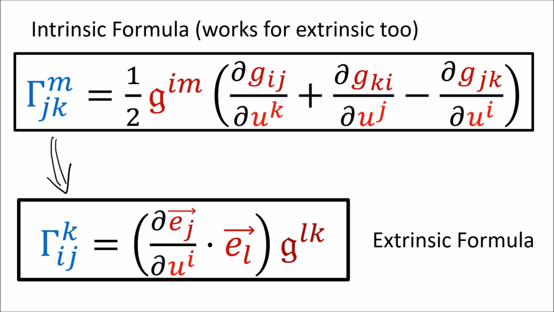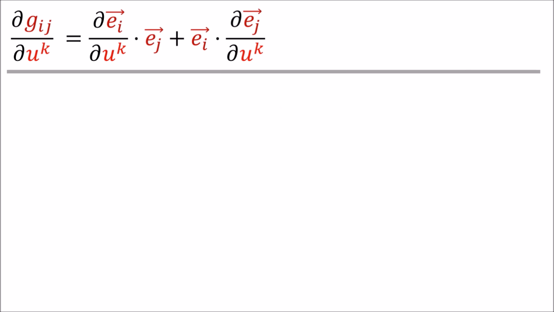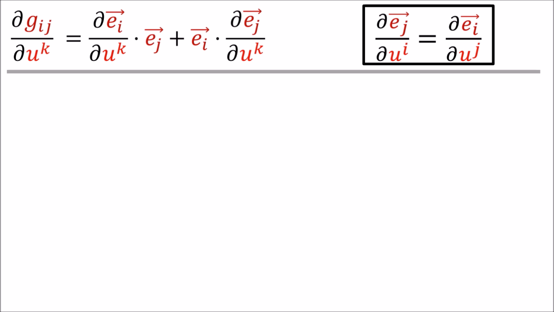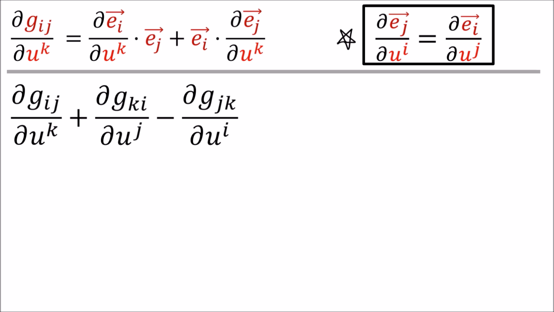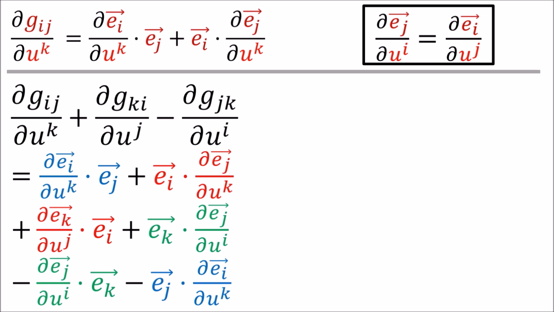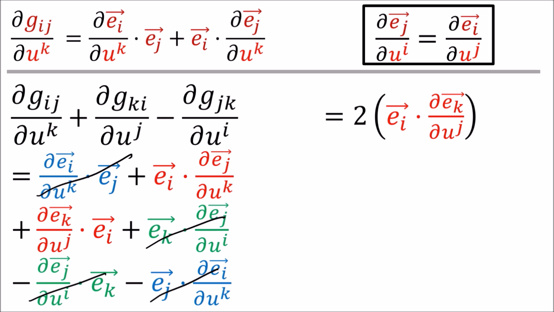And this isn't too surprising, since if we recall that the derivative of the gij metric component is given by this, and also recall that partial ej by partial ui is equal to partial ei by partial uj, when we compute this expression here, we get this. And after color coding the terms that are equal, the blue terms will cancel, the green terms will cancel, and the red terms will add together to give us this.